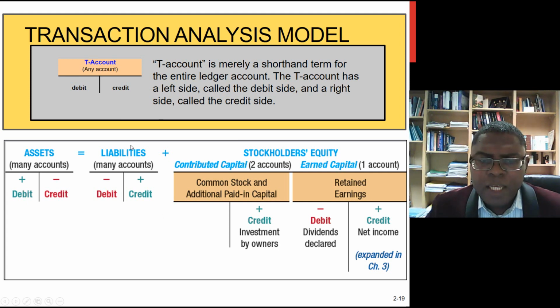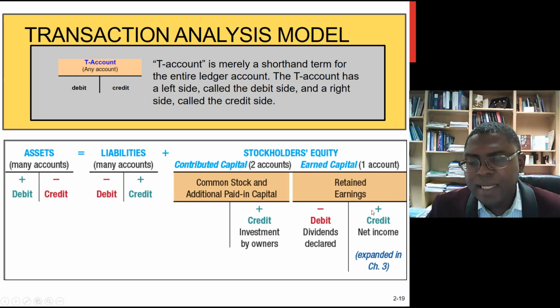Liability accounts have a credit balance, and stockholders' equity accounts also have a credit balance. Whether it is common stock, additional paid in capital, or retained earnings, they all have a credit balance.